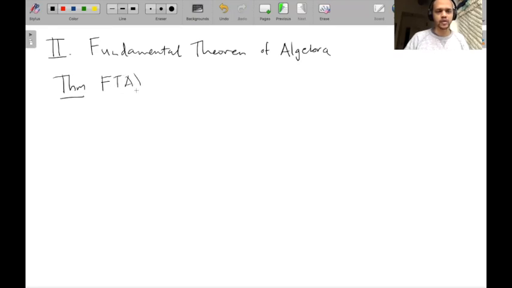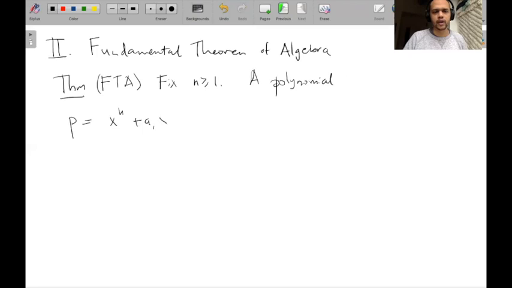So let me remind you, or maybe tell you for the first time. Let's fix some n at least 1. So the theorem says a polynomial P, let's say x to the n plus a1 x to the n minus 1 plus up to an, with ai complex numbers.